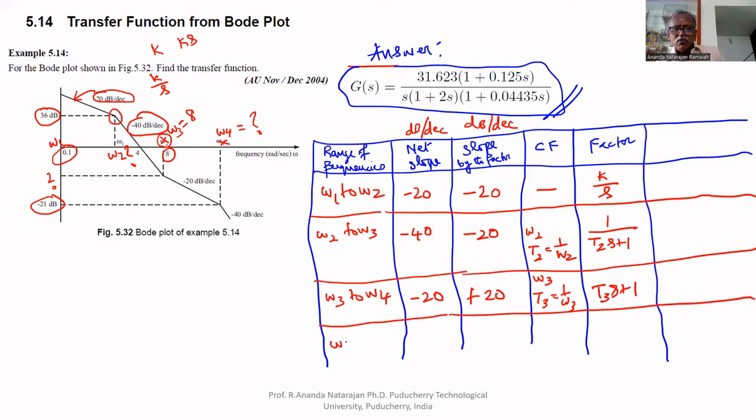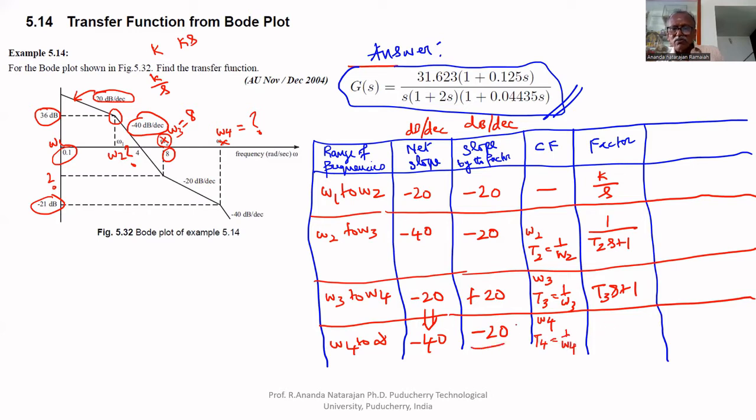Now, omega 4 to infinity. What is the slope? Minus 40. So it has changed from minus 20 to minus 40. Therefore, minus 20 is the slope given by the factor. Therefore, the corner frequency is omega 4, T4 equals 1 by omega 4.